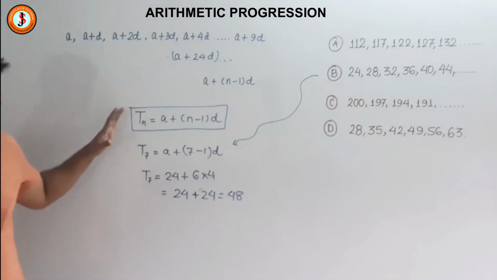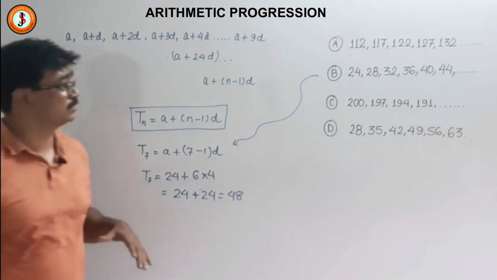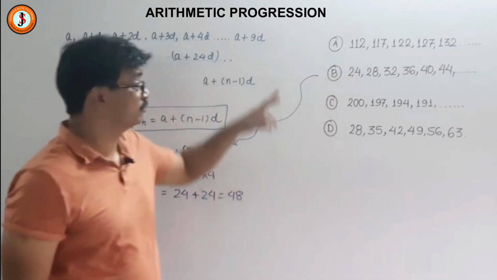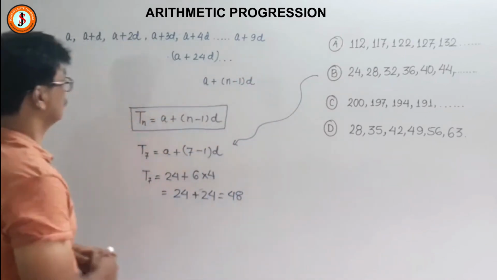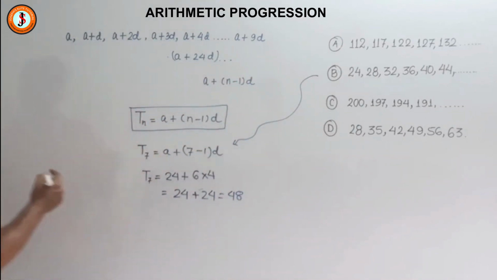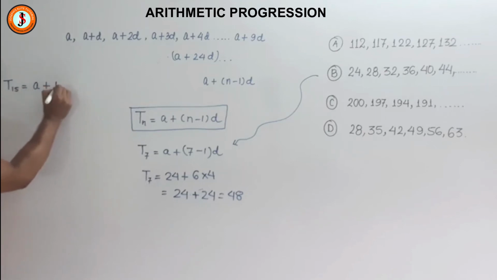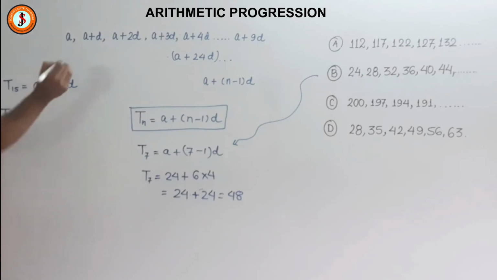So these types of questions will come. Now suppose I ask you, what is the 15th term of the first sequence? We have to find T15. Directly we can write A plus 15 minus 1, that is 14D. For the sequence on the board, A is 112, the first term.